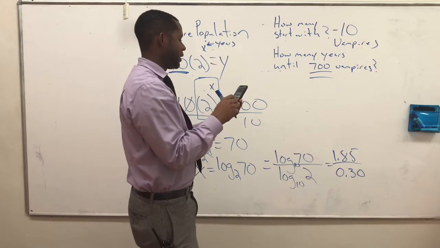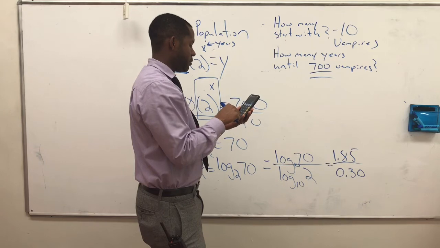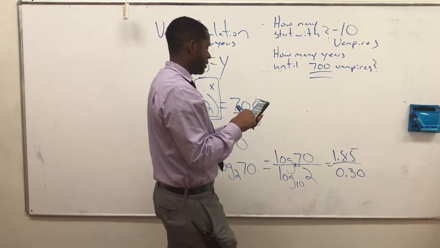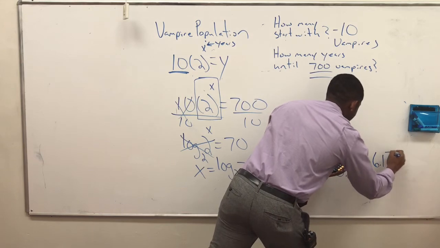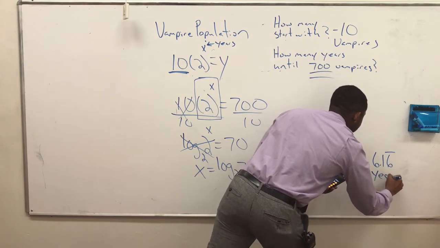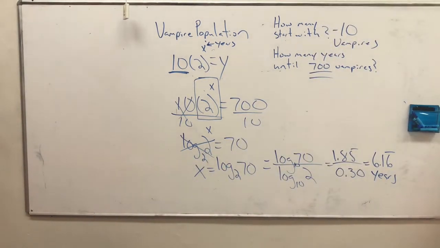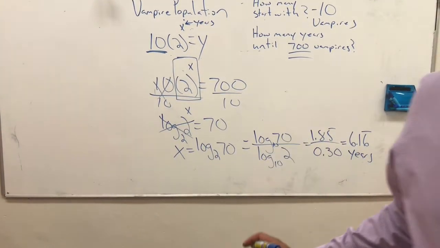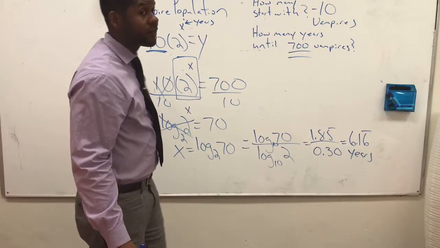And I'm going to take 1.85 divided by 0.3. And I get approximately 6.16 repeating years. I wonder if you can see that. Now you can. 6.16 years. All right? So there it is.